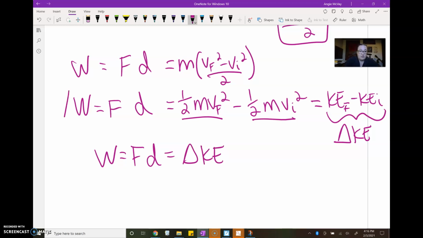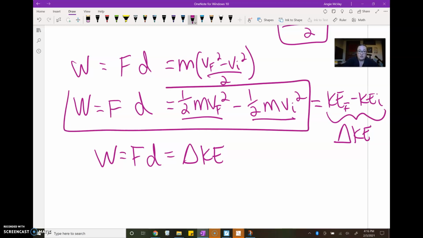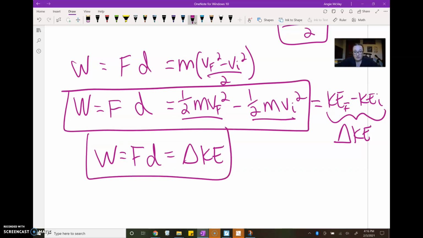All right, so I'm going to box this and this as the more abbreviated version. All of those terms are equivalent to each other. So how much work is done? You can calculate that by multiplying the force times distance. How much work is done? You can find the change in kinetic energy.